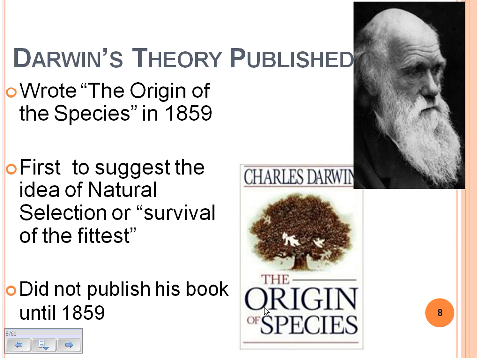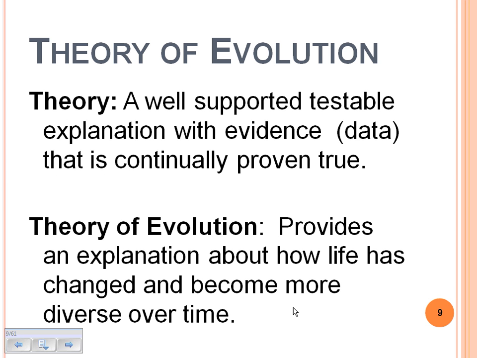So if we look at this theory and what a theory is, just backing up, a theory, by definition, is a well-supported, testable explanation with evidence that is continually proven true. So his theory of evolution provides an explanation of how life has changed and become more diverse over time.